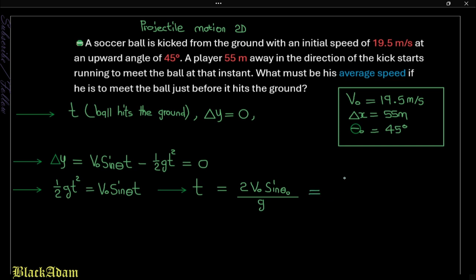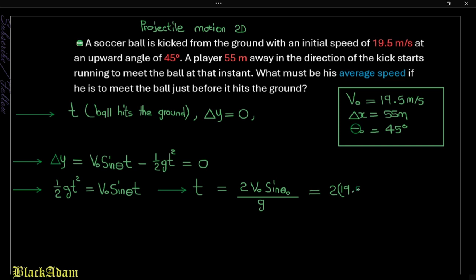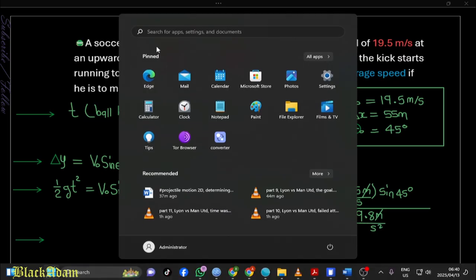That gives us 2 multiplied by the initial velocity of 19.5 meters per second, multiplied by sine 45 degrees, our launch angle, all divided by gravitational acceleration, which is 9.8 meters per second squared. The meters cancel out, so we are left with seconds.